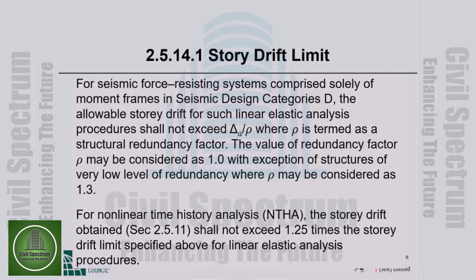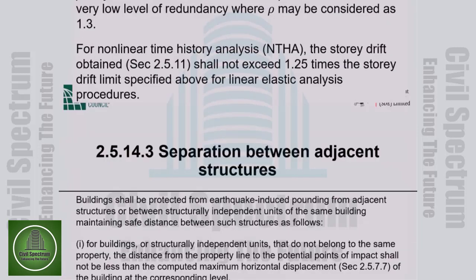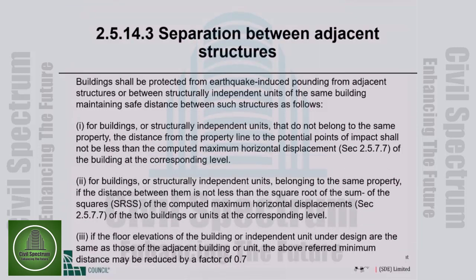So if you base your interstory drifts on nonlinear time history analysis, then the drift limits are relaxed by 25%, which is actually very modest. In US practice, the relaxation is quite often quite a bit higher than that. Okay, so that is drift check.